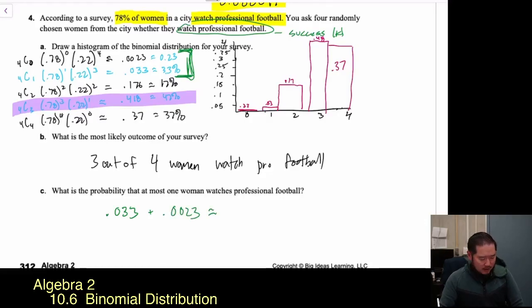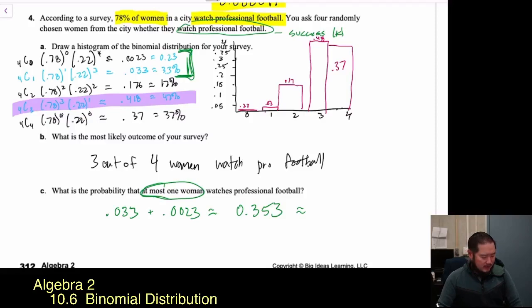Put that all together and we end up with 0.035, the probability of at most 1, so anything from 0 and 1. The chance of that happening is not very high.